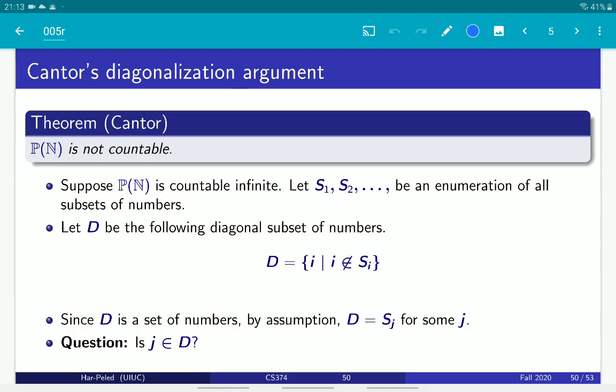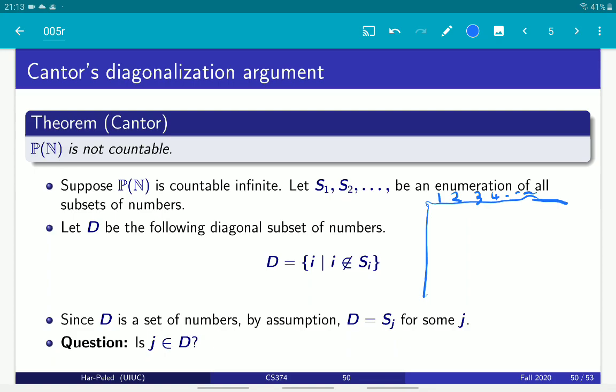The basic proof of Cantor, which is the argument in the slide, is a diagonalization argument. Here's what we are going to do. Think about creating an infinite matrix. The columns are going to be all the natural numbers: 1, 2, 3, 4.